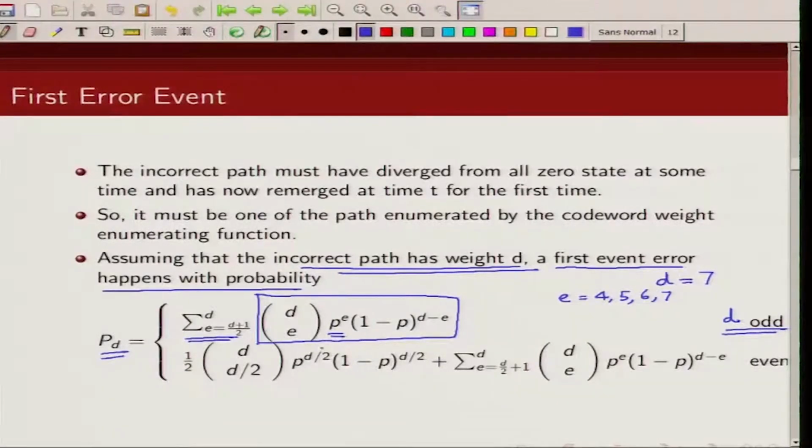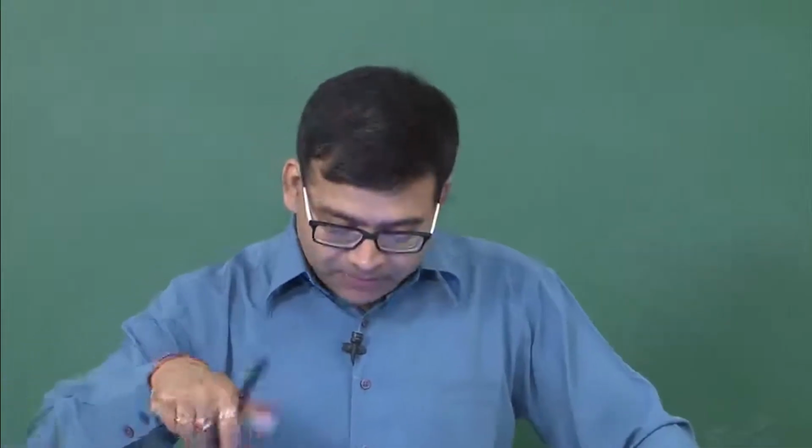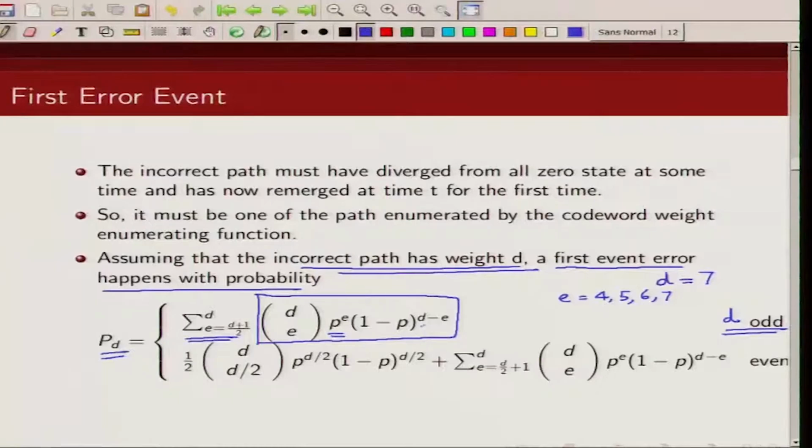Now, if P is the crossover probability of flipping of the bits, then P to the power E will give us the probability that E bits have flipped, and (1 minus P) raised to the power d minus E will tell us the probability that d minus E bits have not flipped, and d choose E is the number of possible combinations in which we can have E error patterns among this set of d weight.